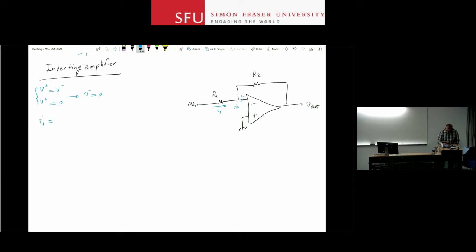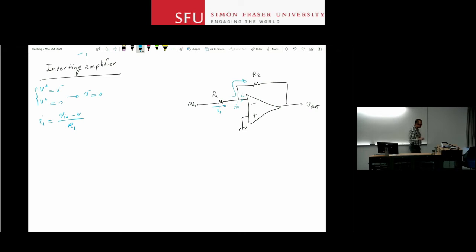So I1, if I want to figure out how much it is, I have 0 volt at one end of that resistor and V in at the other end, so it's V in minus 0 divided by R1. Now because I in is 0, all of this I1 has to go through R2. The current that is produced at the input cannot go into the op-amp.